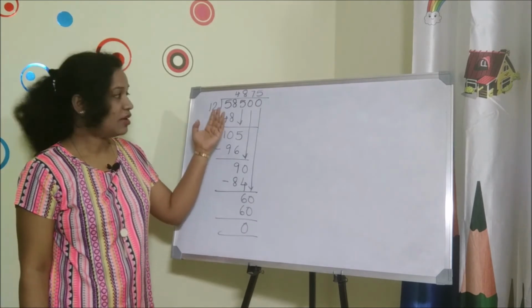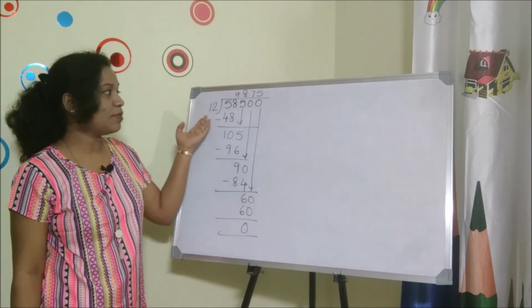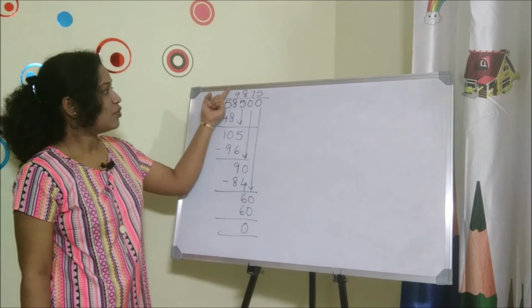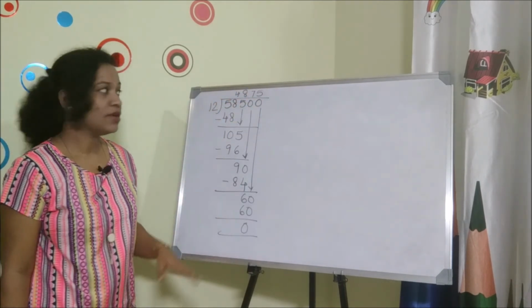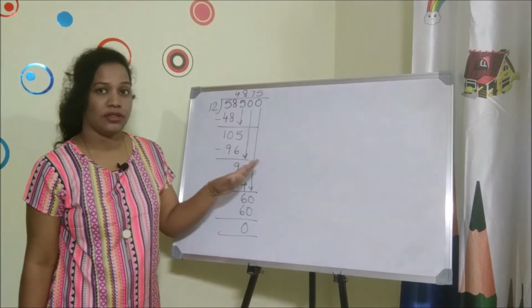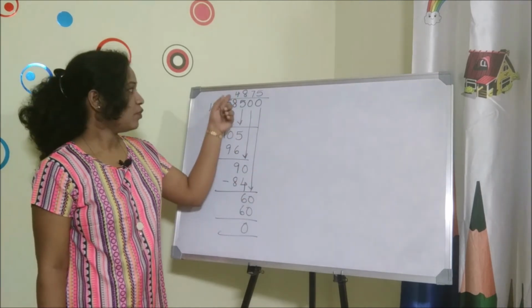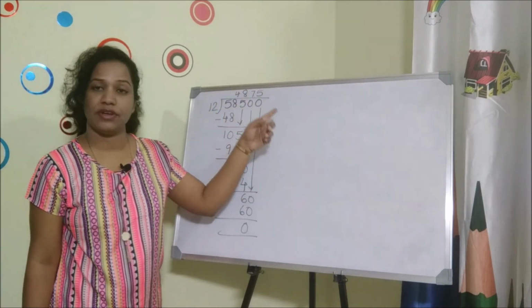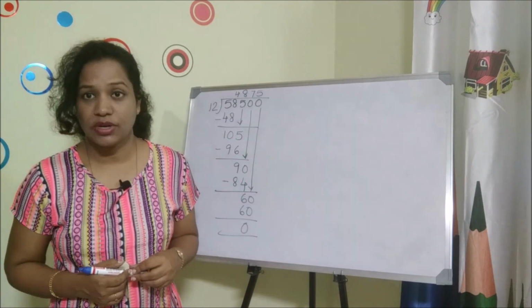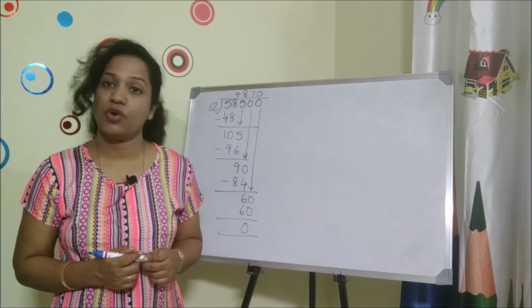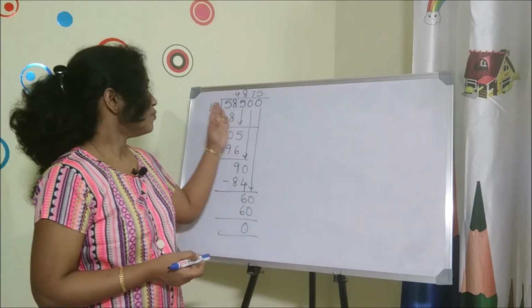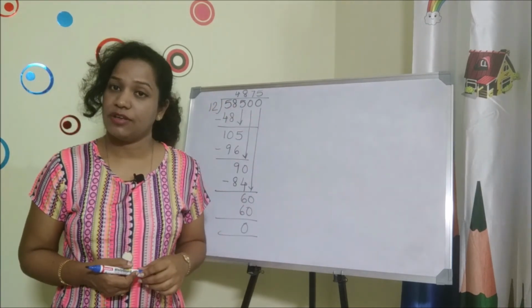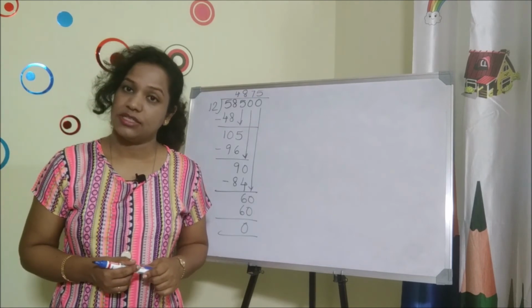When we divide 58,500 by 12, we get 4,875. So, for 1 month, we need to pay 4,875. So, what is the rent for 17 months? How do we find that? Yes, we need to multiply 4,875 by 17.